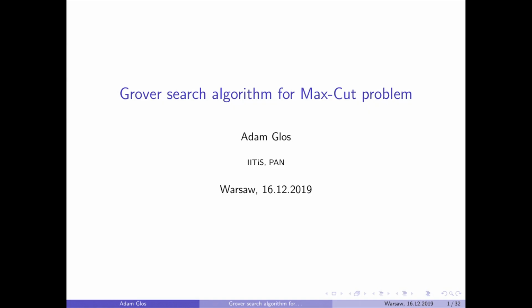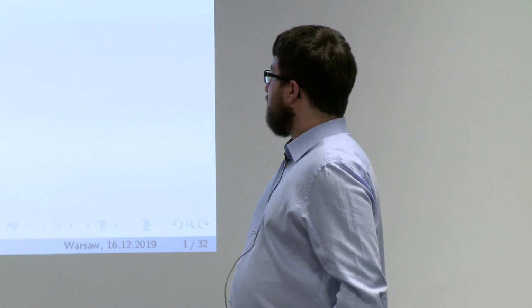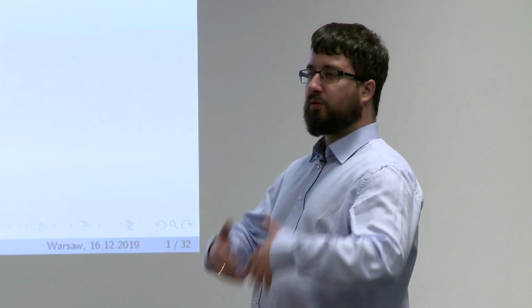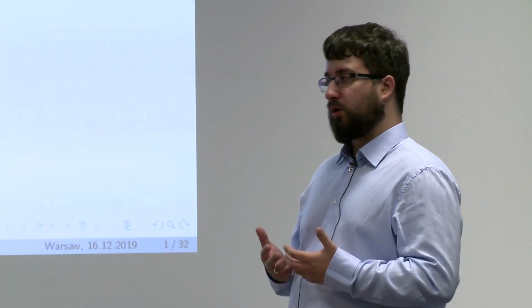Good morning, everyone. I would like to say a few words about Grover's search algorithm, from a slightly different perspective than it is usually introduced. In particular, we will try to design an actual quantum algorithm for the max-cut problem.